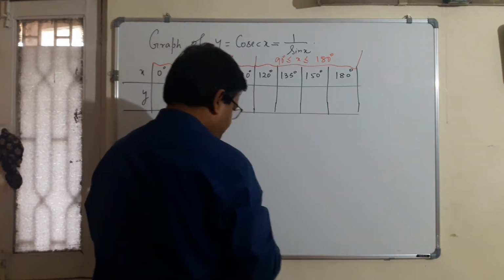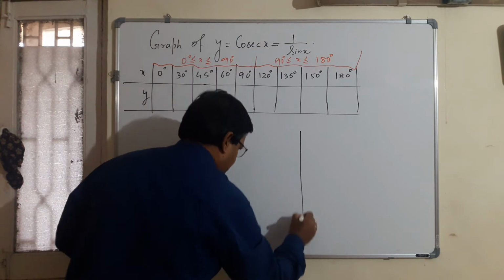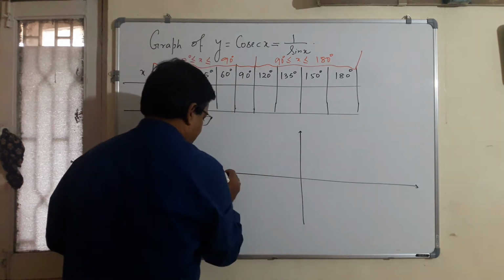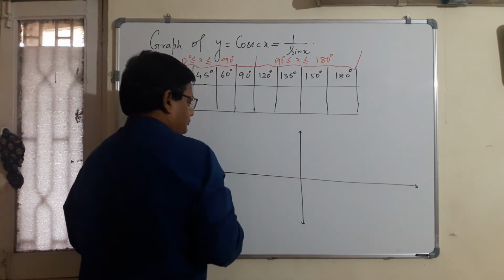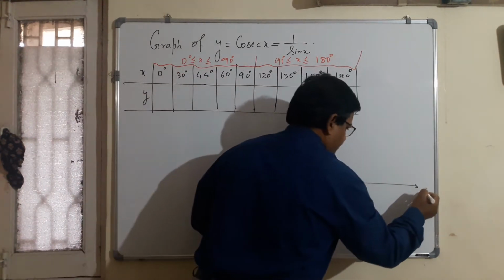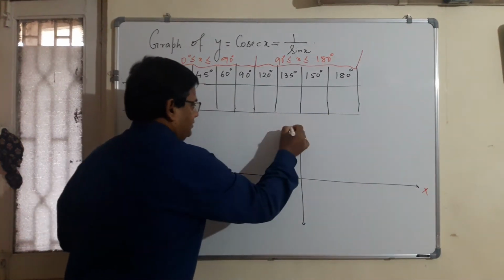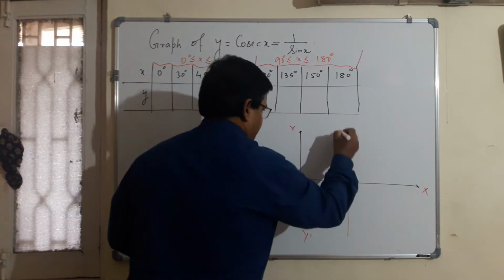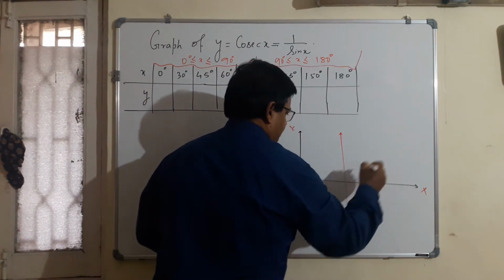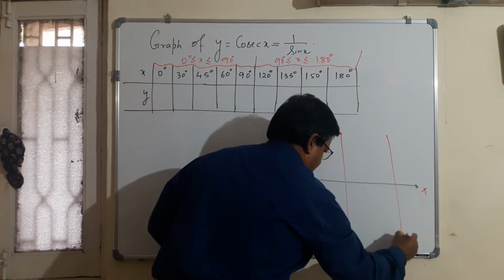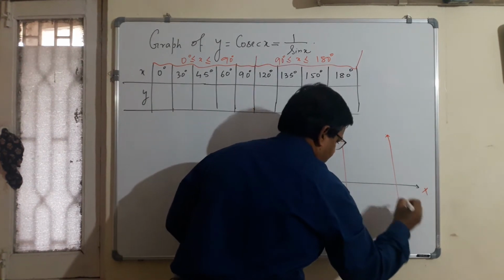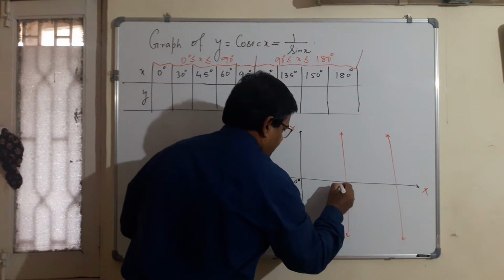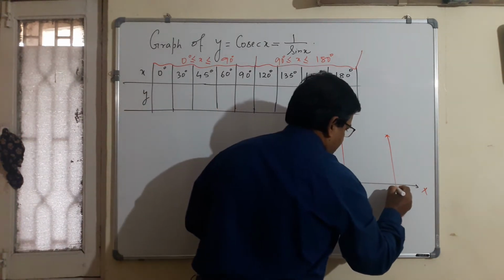So see here, X, x dash, y, y dash. This is the origin, 0 degree, 90 degree, 180.